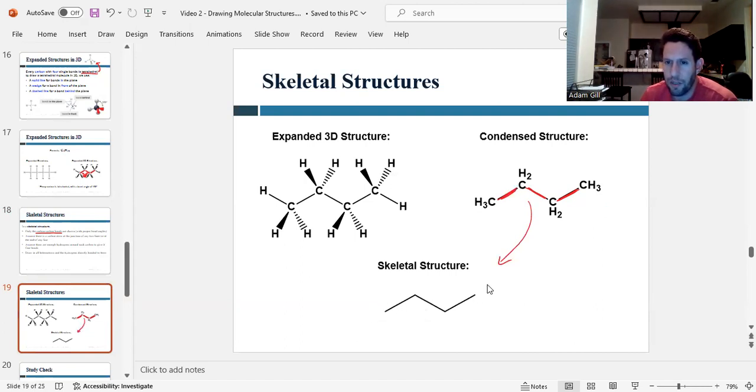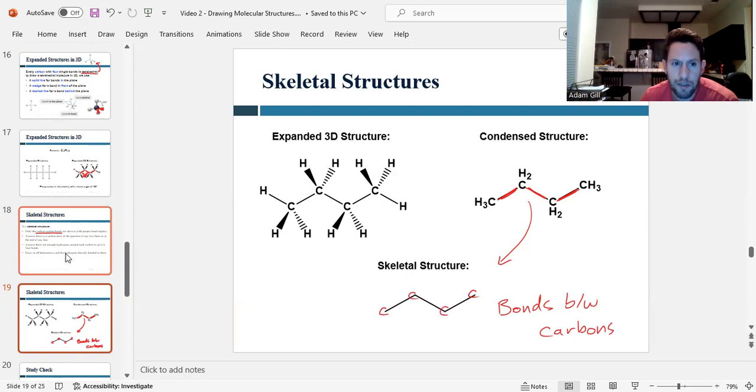We're only drawing those bonds between the carbons, and we assume that there's a carbon everywhere 2 bonds meet and everywhere a bond terminates. So there's a carbon here, a carbon here, a carbon here, and a carbon here.